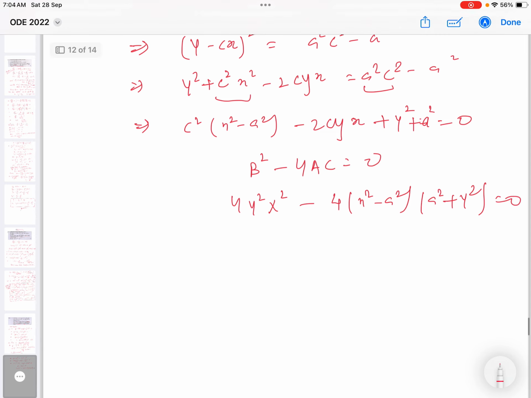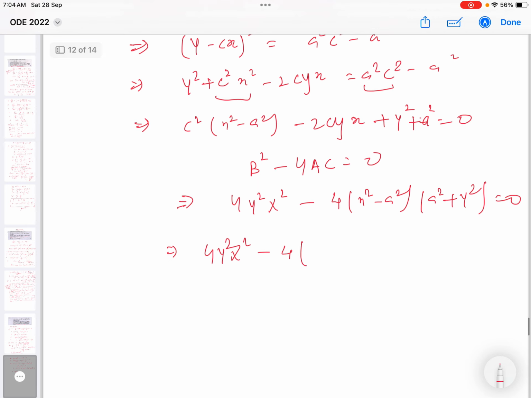Fine. So we simplify this entire equation. The terms 4y square x square and 4a square y square x square and a to the power 4, minus a square y square, this term will get cancelled.